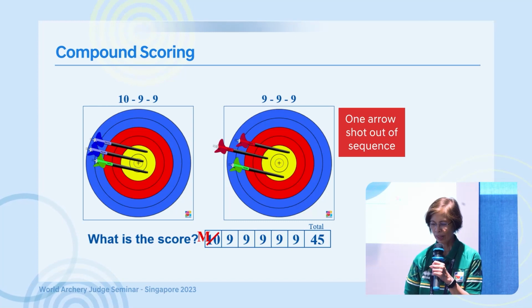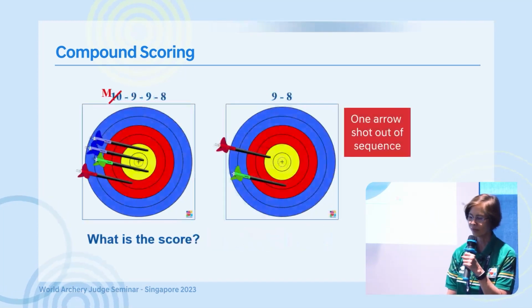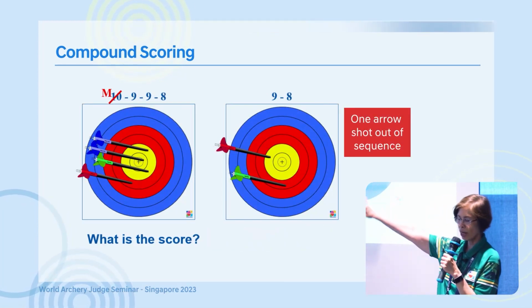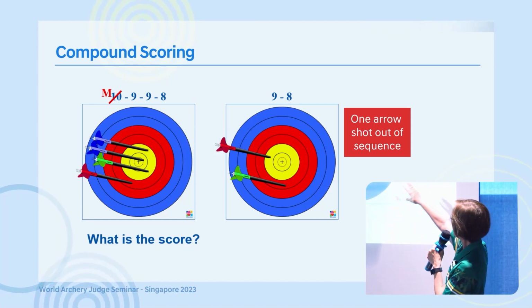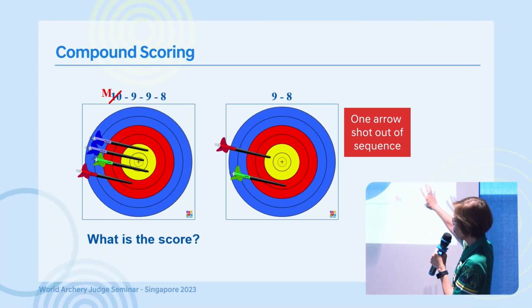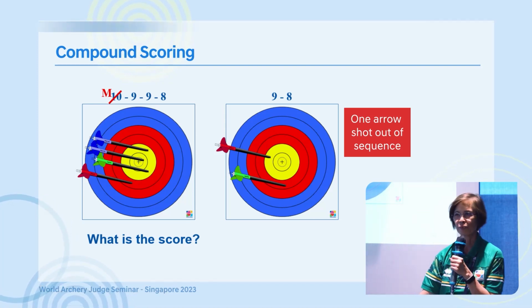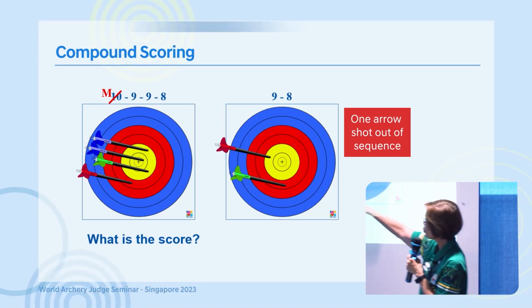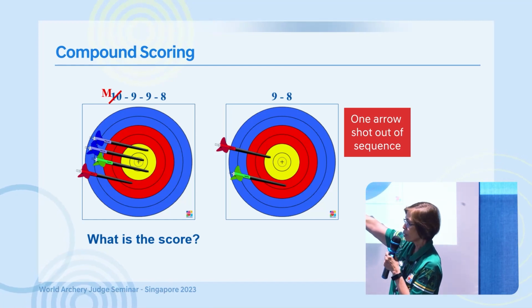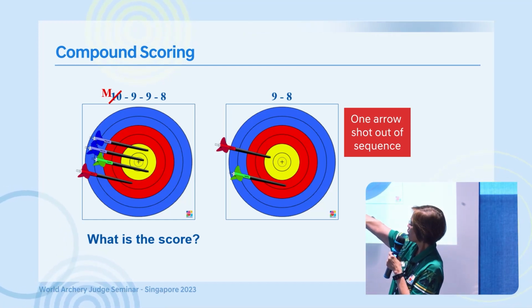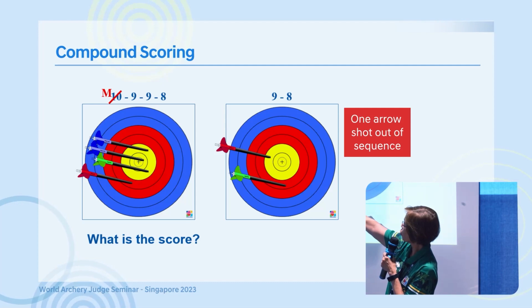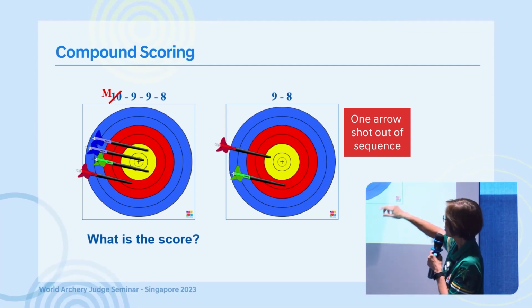Okay, next exercise. So you have 4 arrows and then also 1 arrow shot out of time. So what is the score? So what do we take care of, yeah? We take out the high scoring arrow, which is a 10 on that face.